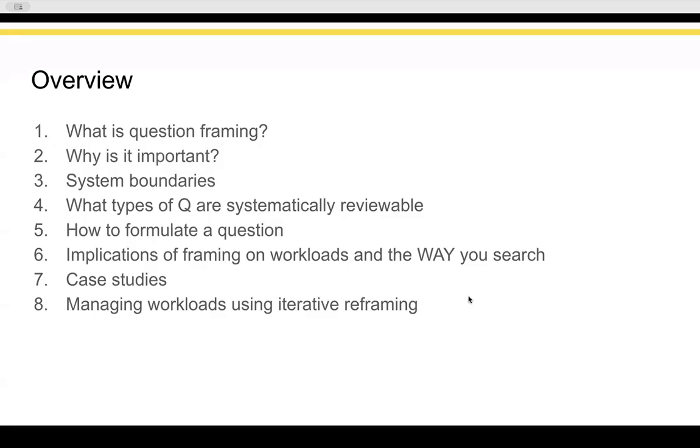We'll then have a bit of time going through some tips and practices that I use to formulate questions that can be easily reviewed, and talk about the implications of that framing practice on the amount of workload and the volumes of searches that you end up with, before talking about some case studies that I've been involved with that show the diversity of projects, why the project started, what its objectives were, the way that the question ended up being framed, and what product we ended up with.